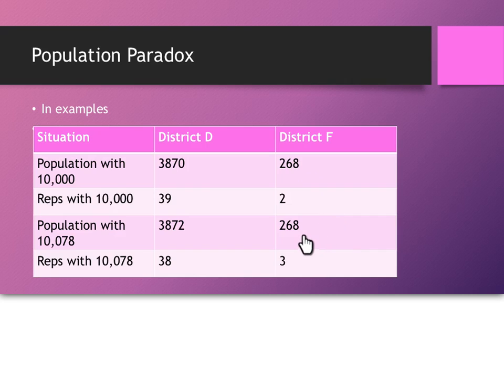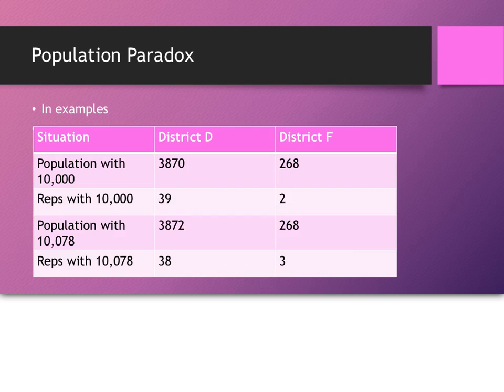So in fact, here, population in District D increased, while its number of representatives decreased. Population in District F stayed the same, while its number of representatives increased.